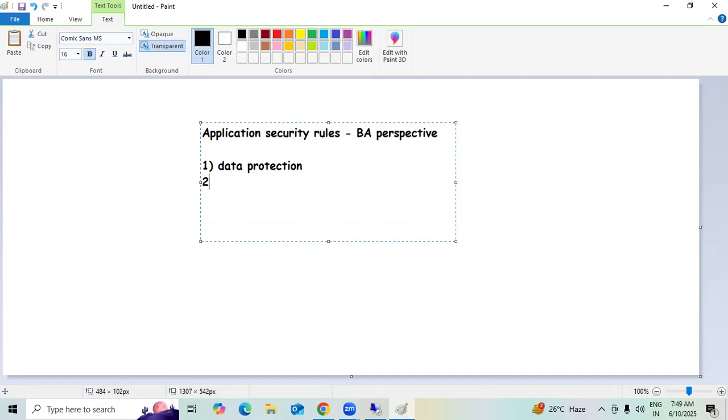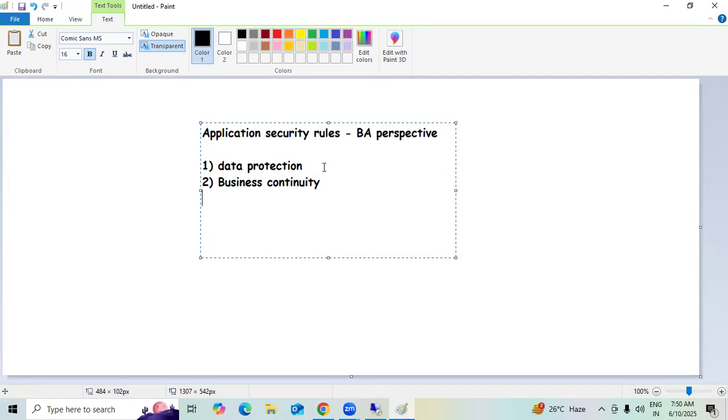The second one is business continuity, wherein when we are managing the business, the threats we may come across due to security breaches can lead to significant downtime and financial losses.